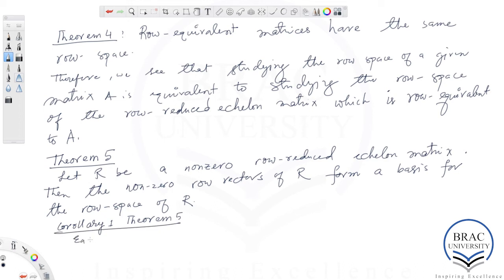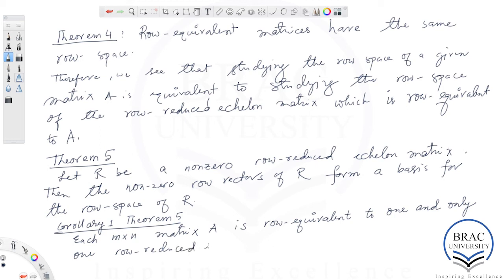Each m times n matrix A is row equivalent to one and only one row reduced echelon matrix.